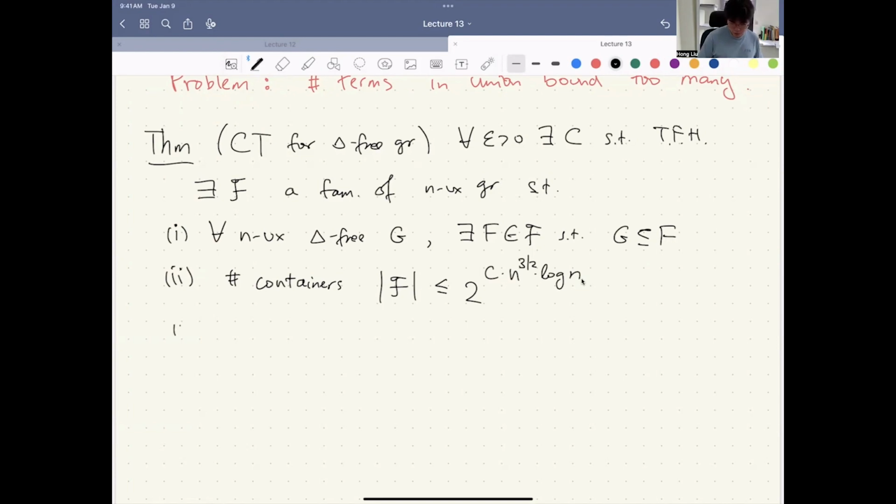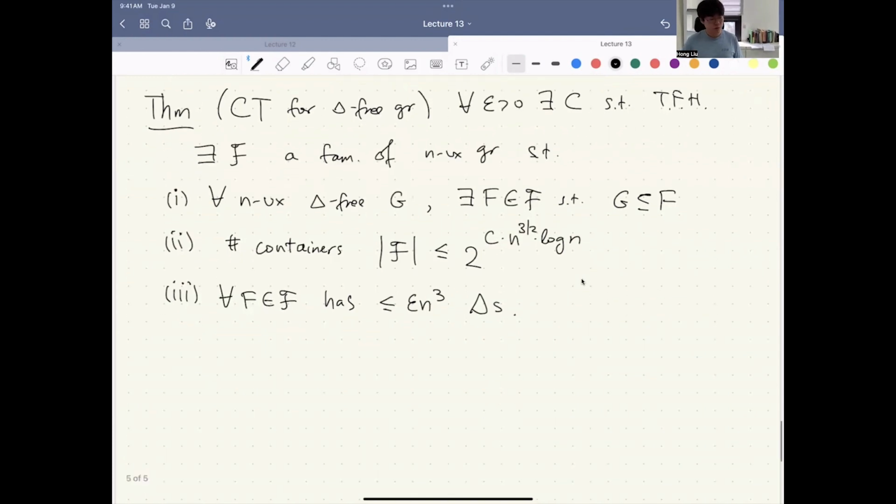The third is that each container is almost triangle-free. Yes, the triangle density is very low, tending to 0.